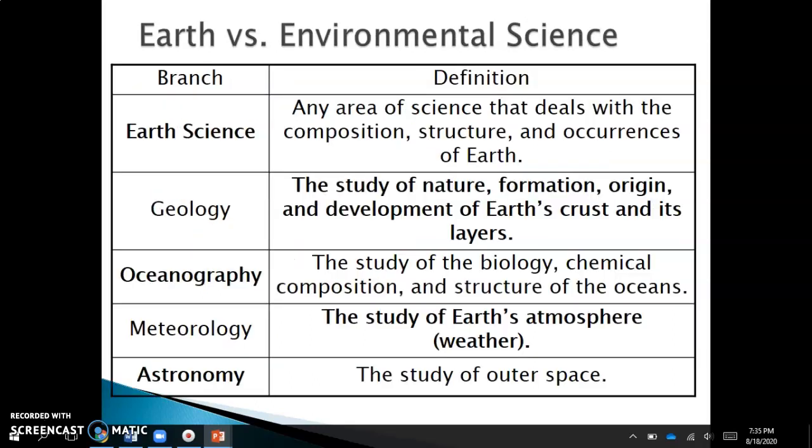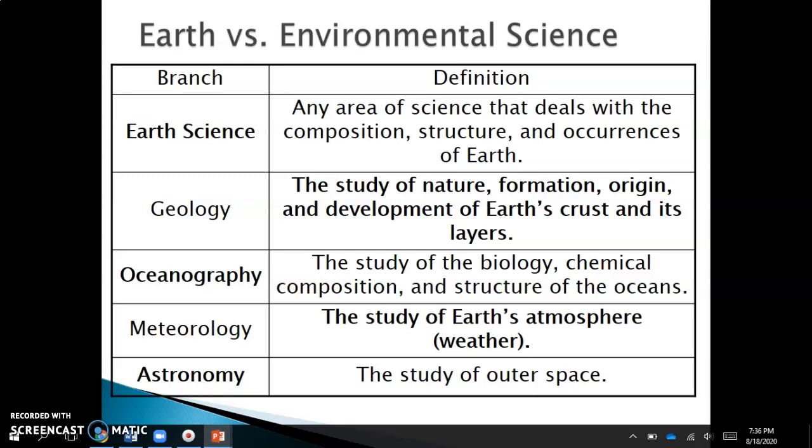So let's define the different branches. So Earth science is any area of science that deals with the composition, structure, and the occurrences of Earth. So wind patterns, wave patterns, weather, plate tectonics, that falls under Earth science.